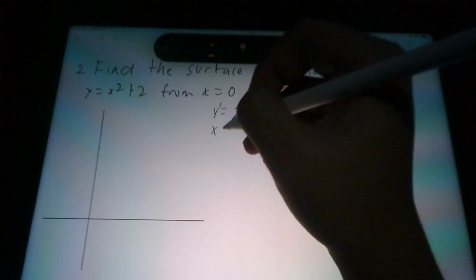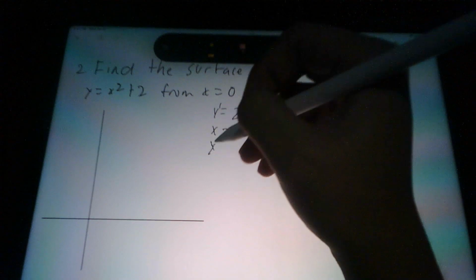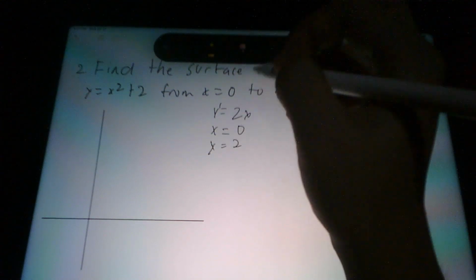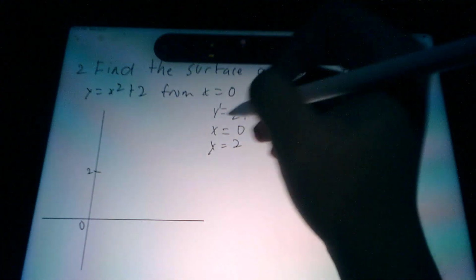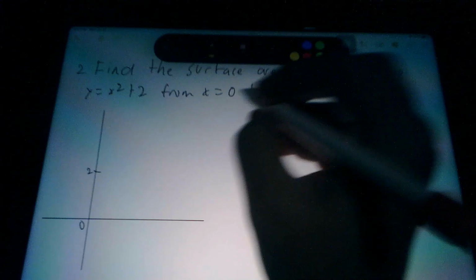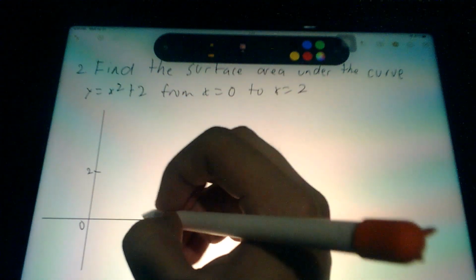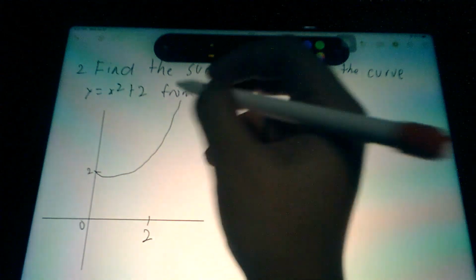So now if our x is 0, our y will become 2. So from 0 to 2, let's say this is 2, and bounded from 0 to 2. Let's say this is our parabola.